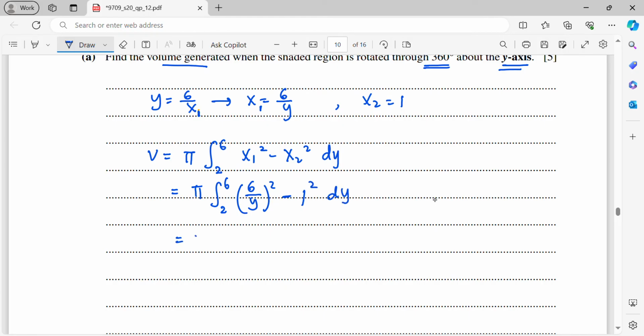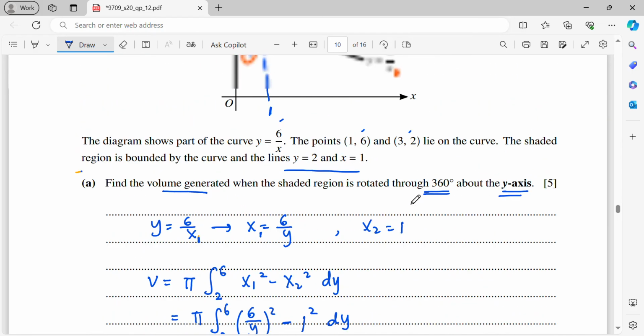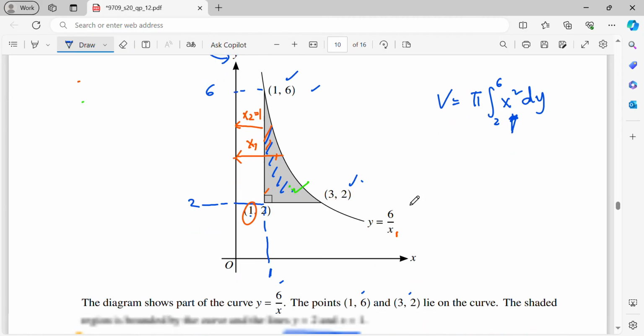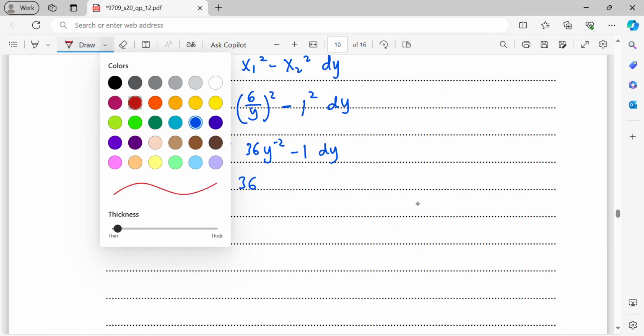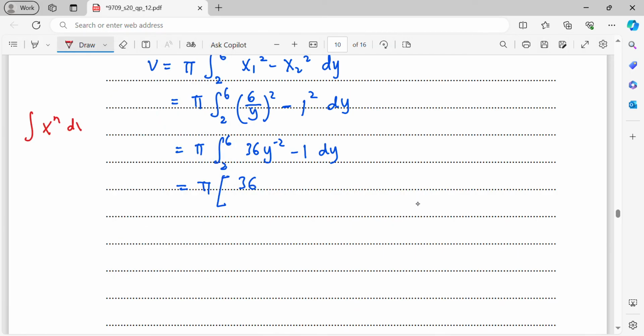Then before I integrate, this square I move in first and I move up the y. Then you will be getting 36y to the power of negative 2, then minus 1 dy. So that is going to be pi times, when you integrate x to the power n dx, that is x to the power n plus 1 over n plus 1, plus c.